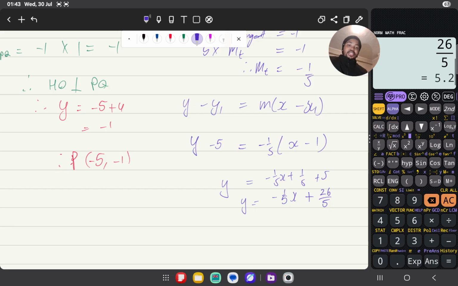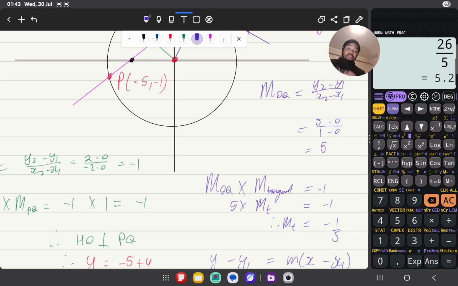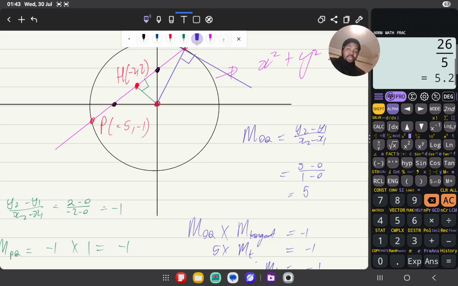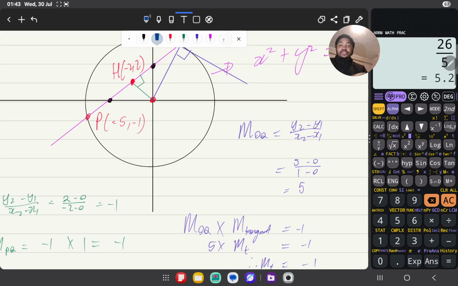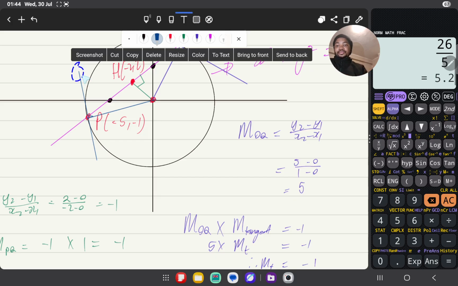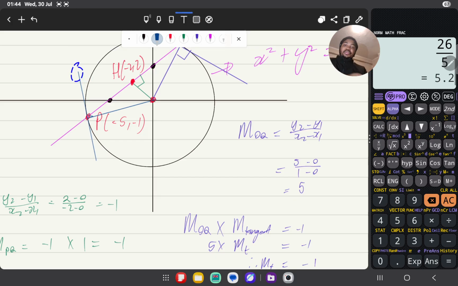So now for P, if you choose P, it's very basic also. You find the gradient of OP, and of course there will be a tangent passing through P, which is perpendicular to the radius OP.